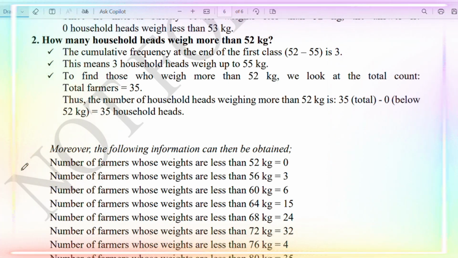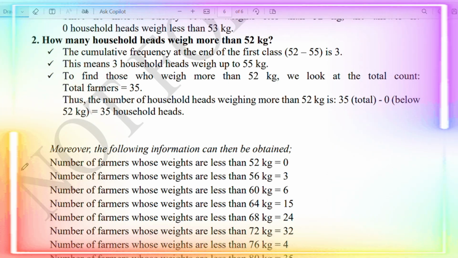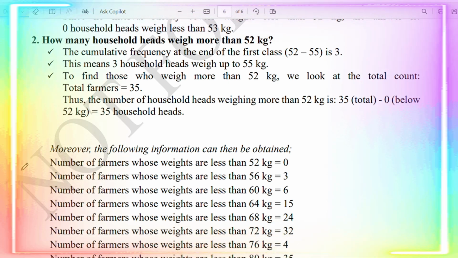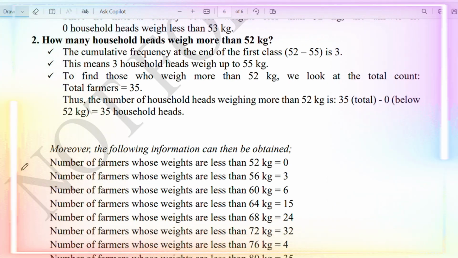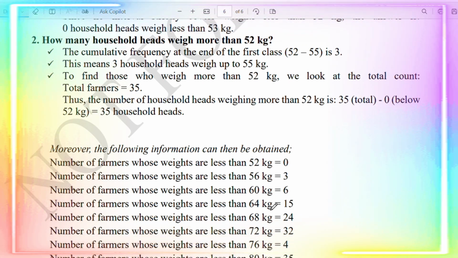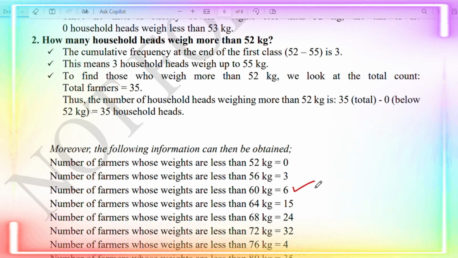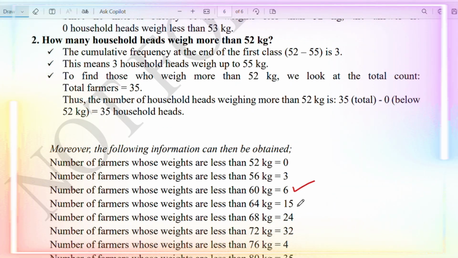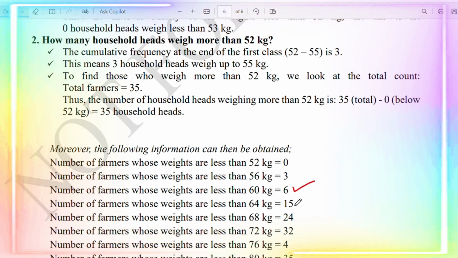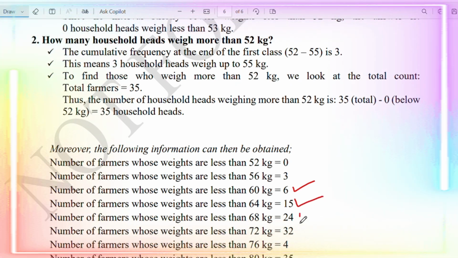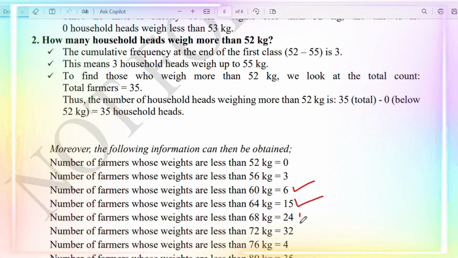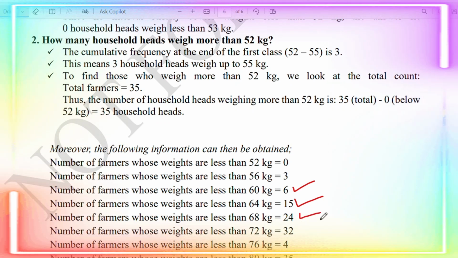Then the number of farmers whose weights are less than 56 kg are 3. We have the number of farmers whose weights are less than 60 kg is 6. Then the number of farmers whose weights are less than 64 kg are 15. Then the number of farmers whose weights are less than 68 kg is 24.